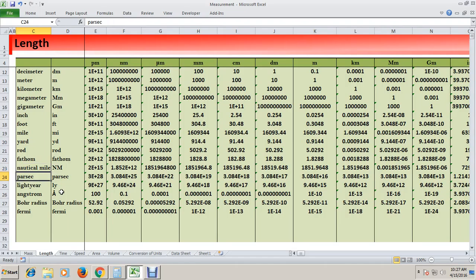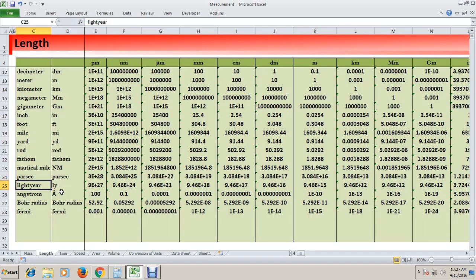Another curious unit for length appearing here in the table is the light year. The light year is actually a measure of distance or length. It's not a measure of time. It is a common mistake that when we hear the word year in the term light year, we mistake it as a measure of time, but the light year is actually a measure of length.